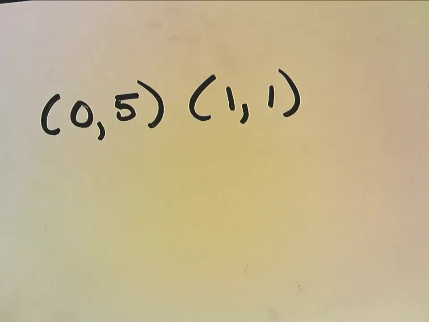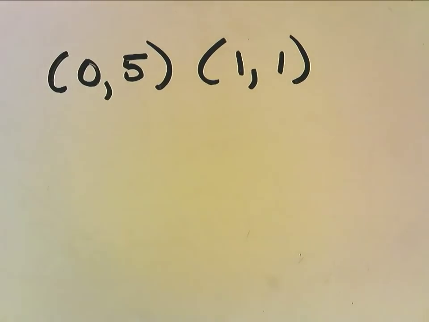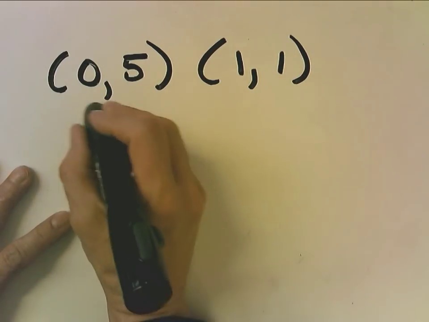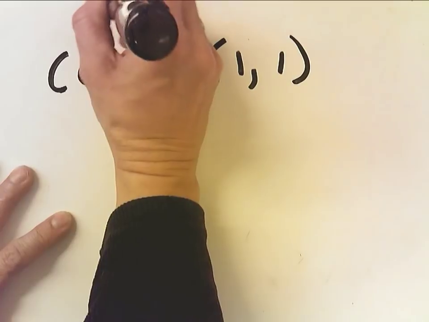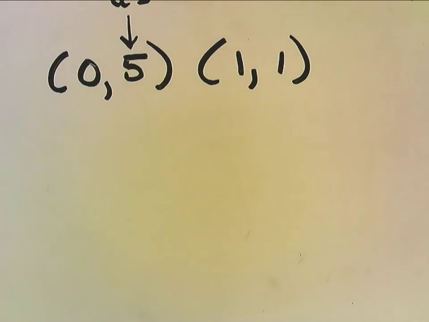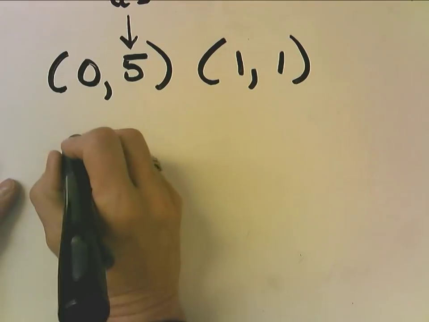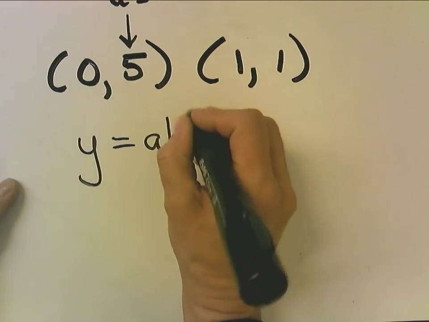So, there are different ways we can approach this. Now, we know the y-intercept is 5 because it's (0, 5). So a equals 5 because we know a is the y-intercept. And then it says find the value of b by using the point (1, 1) and a equals 5. So we know y equals ab to the x.